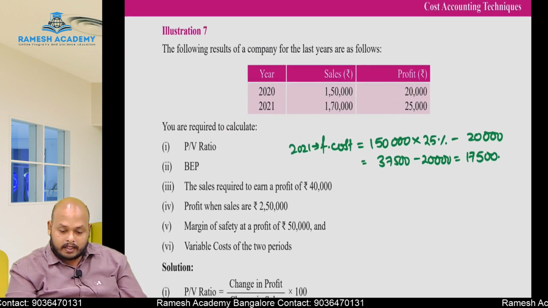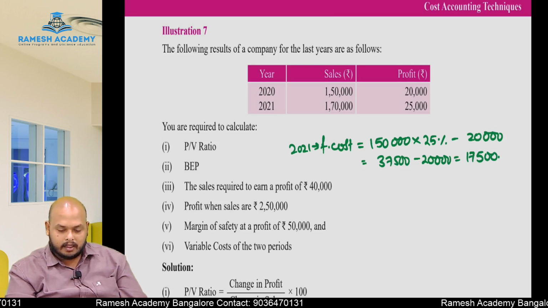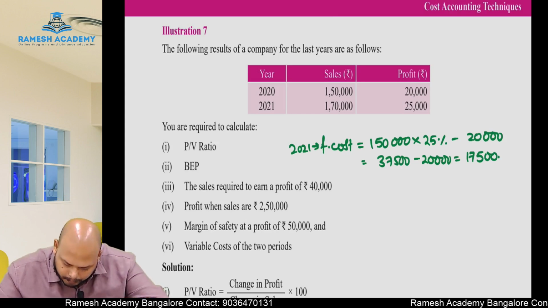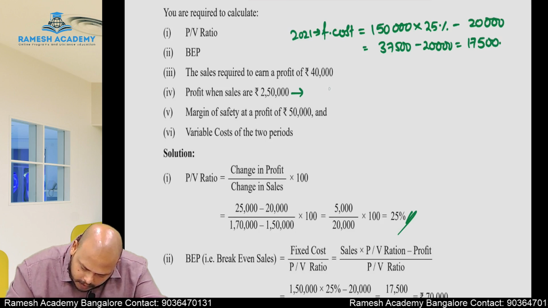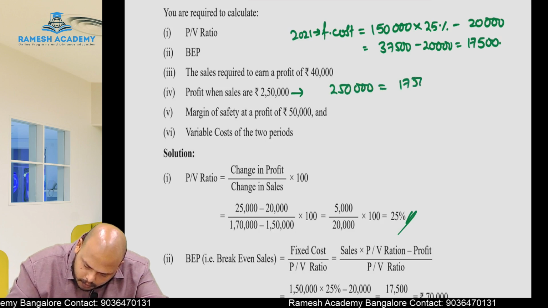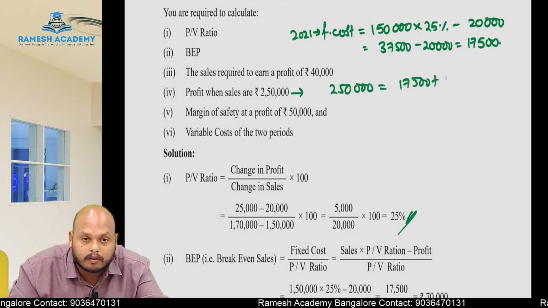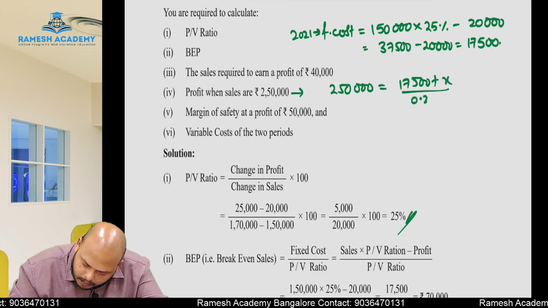Profit, when the sales are 2,50,000. He is asking how much is the profit. Simple. When the sales are 2,50,000, sales is equal to fixed cost 17,500 plus desired profit x, by 0.25.